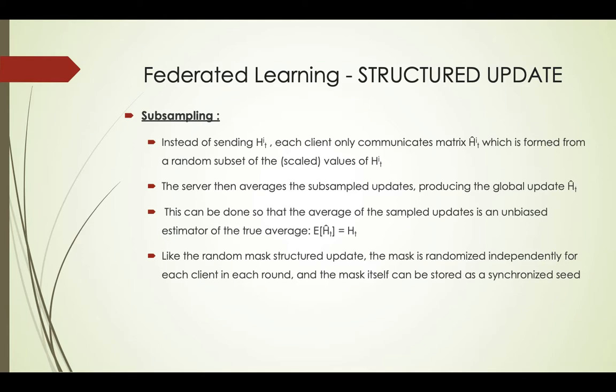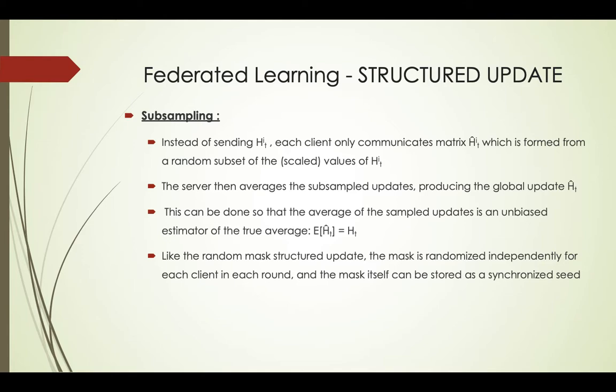Now, the subsampling. Instead of sending H_i^t, each client only communicates matrix H_i^t bar, which is formed from a random subset of the scaled values of H_i^t. The server then averages the subsampled updates, producing the global update H^t bar.